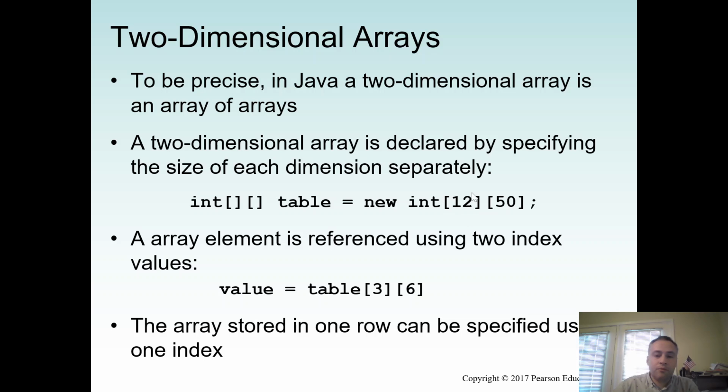So talking about rows and columns, 12 will be the number of rows, 50 will be the number of columns. And do not confuse this notation, the initialization of this array, with this notation, table[3][6]. It is actually referencing a cell or an element in the array, rather, I would say element from now on, with index 3, row index 3, and column index 6.